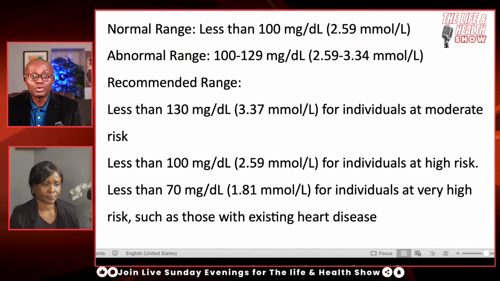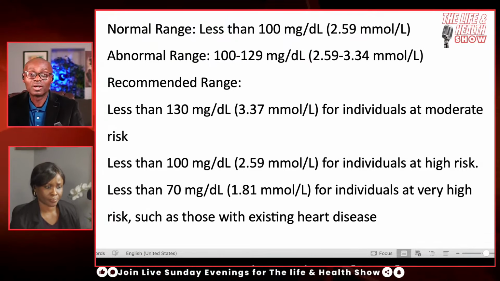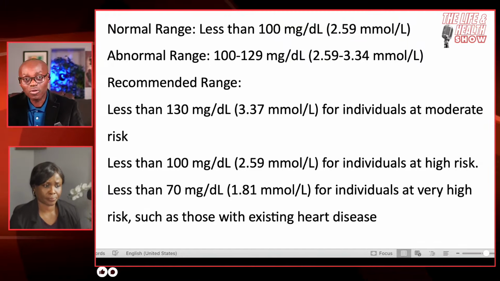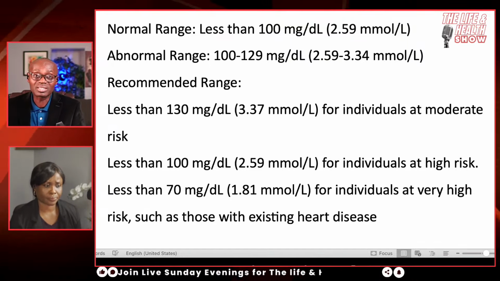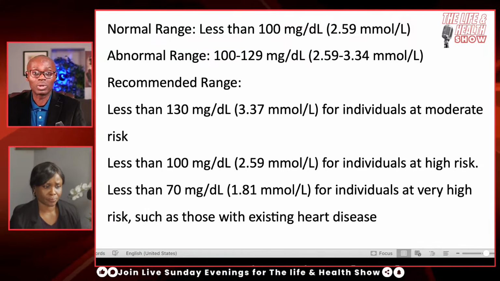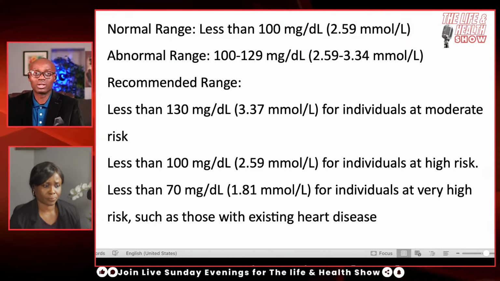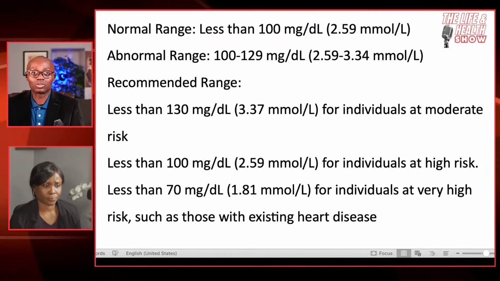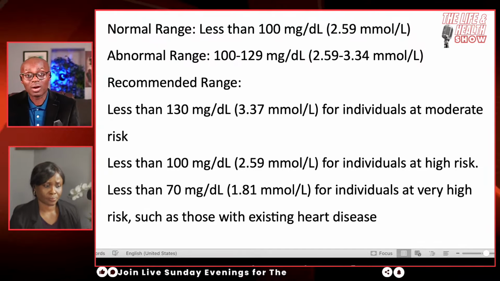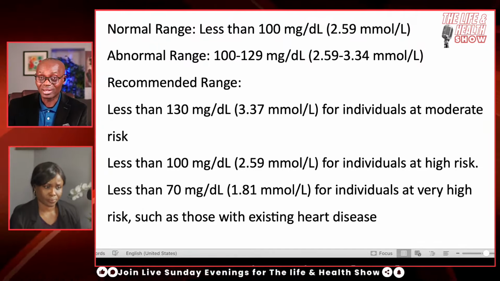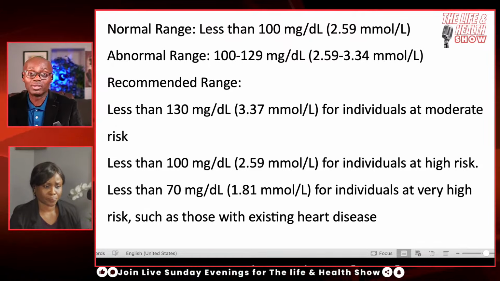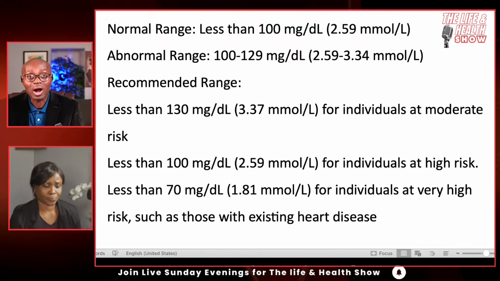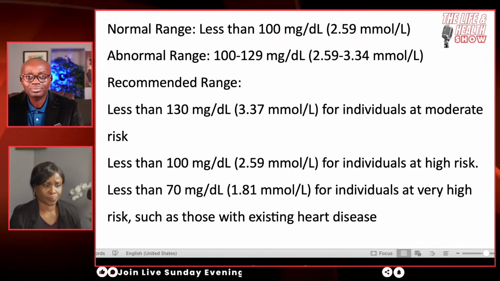Also, if you are obese, overweight is getting there, but obese is even more serious. If your weight is beyond normal, to the point where you have gone over being overweight and now you are obese, you also have a higher risk for heart disease and stroke.